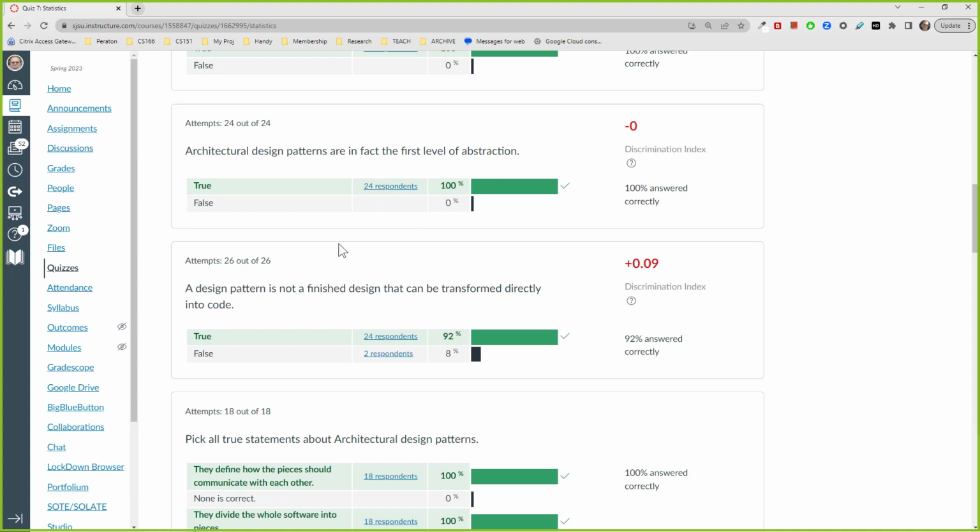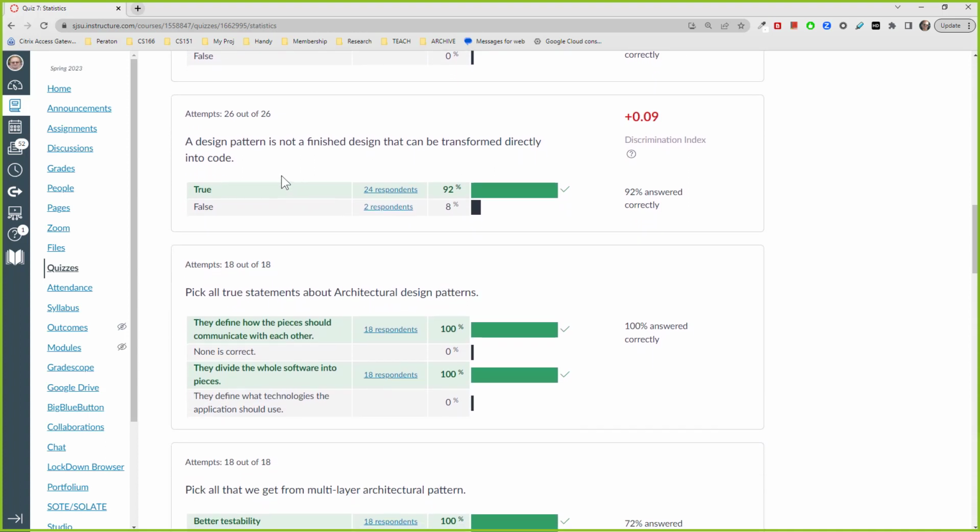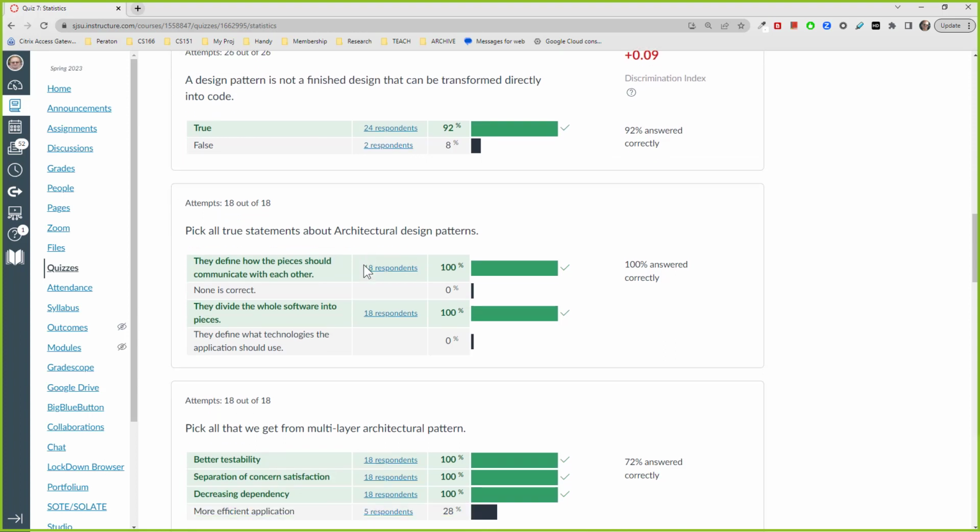Again, true, 100%. A design pattern is not a finished design. It's just some advice, some templates. You need to design your code based on that template. So these two students need to review the design pattern one more time.